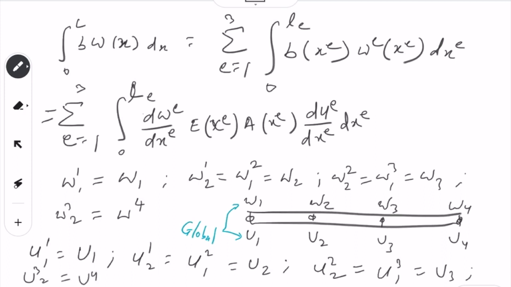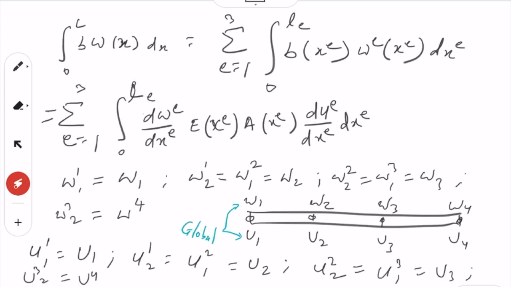So, for the first element, the first node has U11 displacement, the second node has U12 displacement, but actually this local notation has to match with the global one. Regardless of whether you are looking from the local point of view, meaning element point of view, or from the global point of view, in both cases the displacement remains the same, hence the displacement has to match, and hence this is the thing that we have to apply, right.